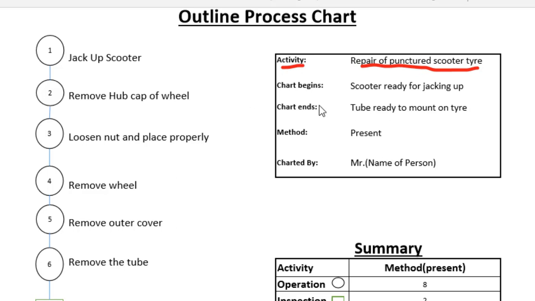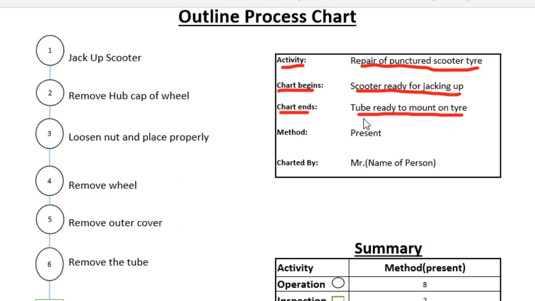Now we have to define the first activity and last activity that we are going to record in the chart. The chart begins with the scooter ready for checking up. We check up the scooter. Then the chart ends when the tube of the tire is ready to mount on the tire.